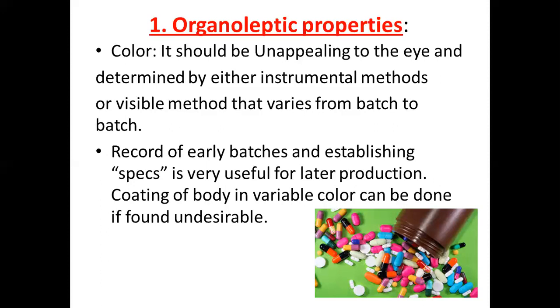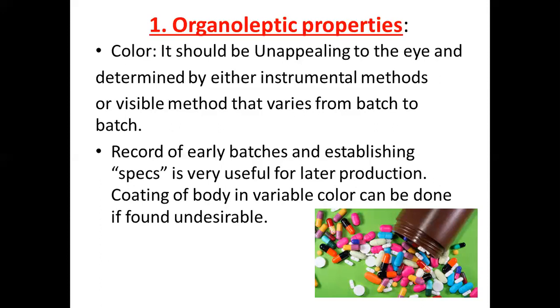And the record of early batches and establishing the specs is very useful for later production. It means that if four batches are formed on the first day and their color is not good, not appealing to the eye, that first batch data must be reviewed before going towards the next batch formation.